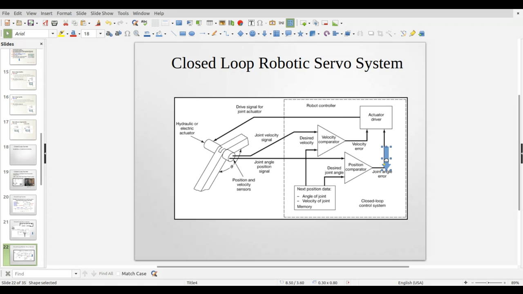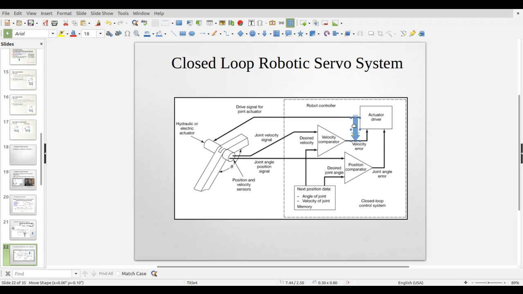We use an angle because most robots, especially the articulated robots, have rotational joints. And so that's why they're talking about the joint angle to tell us the position. So we're looking at the position angle of the joint.